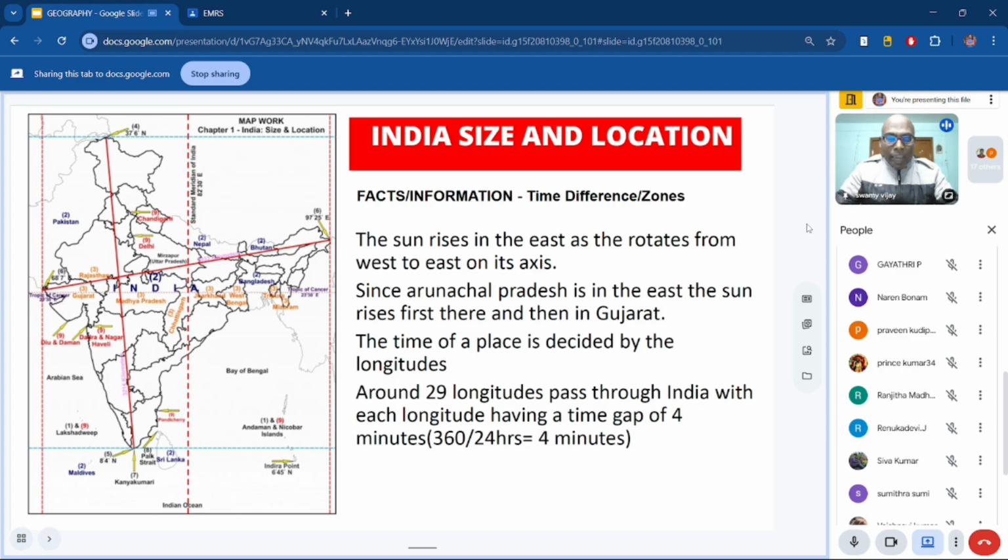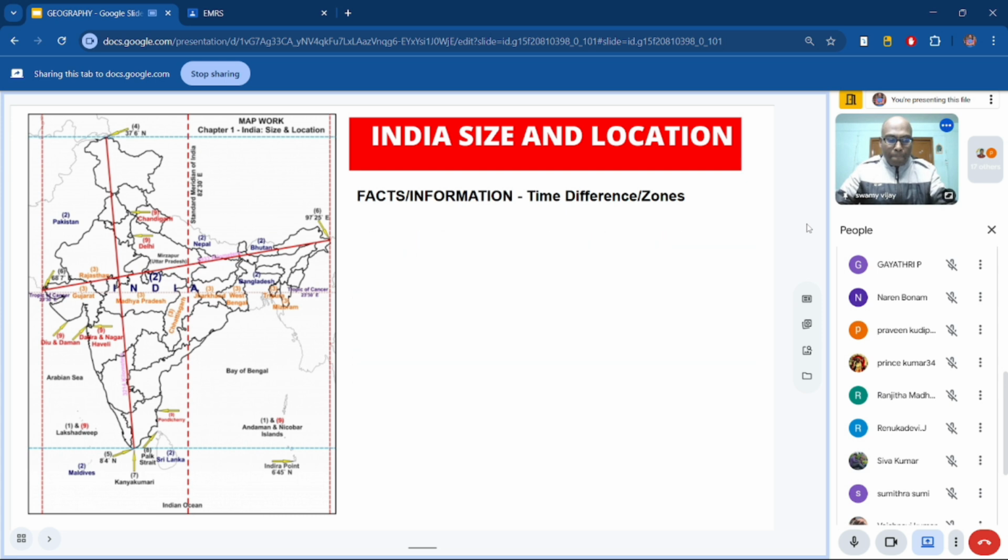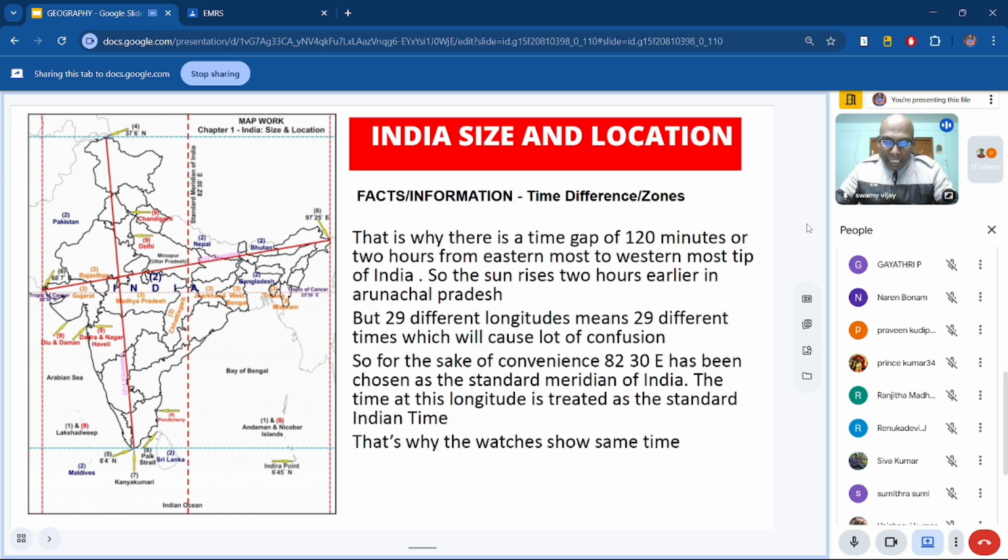The time of a place is decided by the longitudes. Around 29 longitudes pass through India, with each longitude having a time gap of 4 minutes. So how is it divided? There are 360 longitudes, straight lines, and we have 24 hours. So the difference between two longitudes is 4 minutes. That is the logic. That is why there is a time gap of 120 minutes, or 2 hours, from the easternmost to the westernmost tip of India.